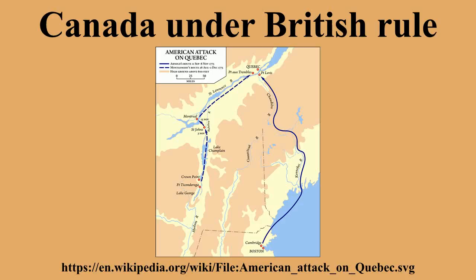Following Confederation, the Dominion of Canada itself also remained part of the British Empire and was constitutionally subject to imperial control until the enactment of the Statute of Westminster in 1931.